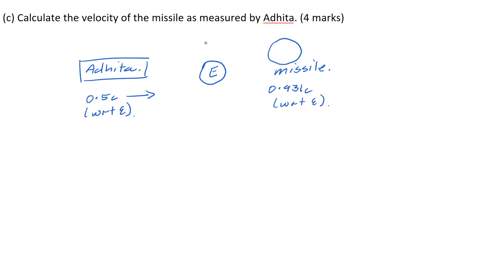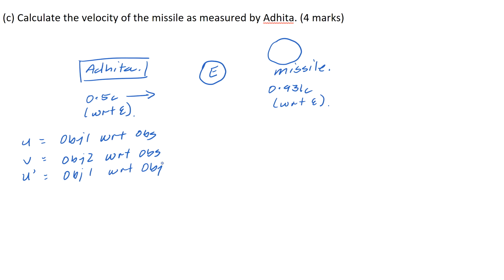So let's write our U, V, and U dash, and then we can assign our variables, but I think it's popped out to me what it should be. So U is object 1 with respect to the observer. V is object 2 with respect to the observer. And U dash is object 1 with respect to object 2.